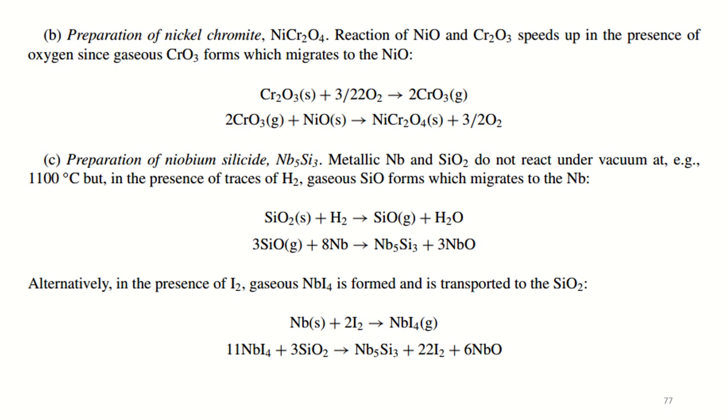Silicon dioxide, which is a solid, is reacted with hydrogen gas and changes into silicon oxide and water. And then this silicon oxide SiO is reacted with niobium and changes into niobium silicide Nb5Si3 and niobium oxide NbO.